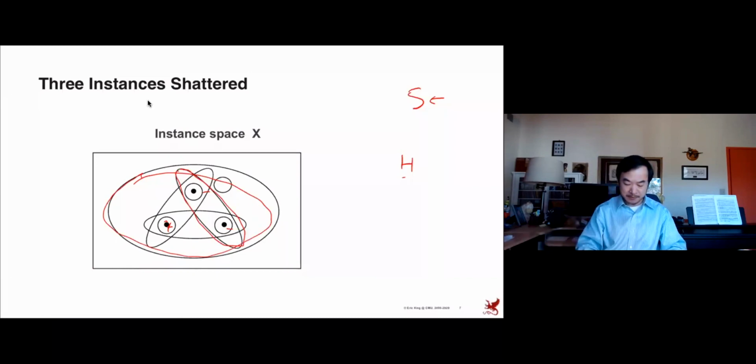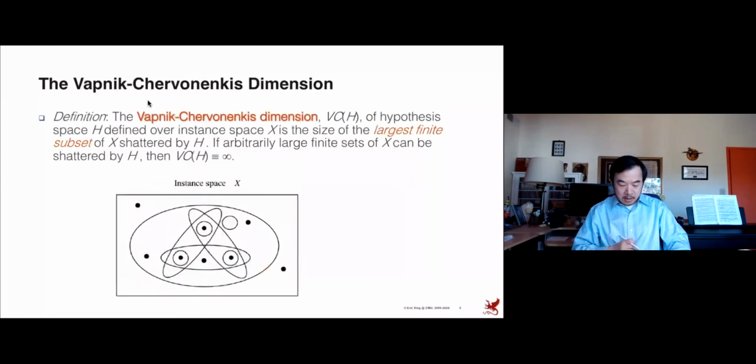Great, thanks, Daniel. All right, so that actually helps us to now connect the hypothesis space, the complexity of that, to the complexity of the problem, with a concrete quantity, which we call the VC dimension.